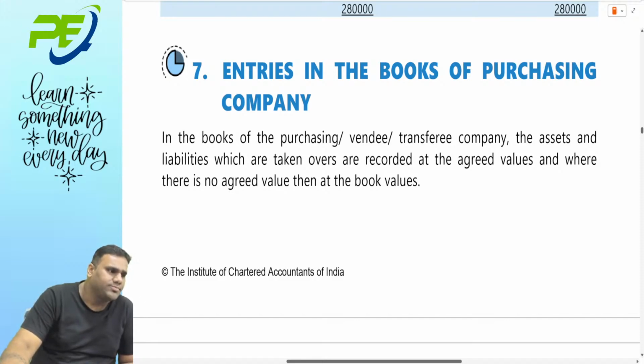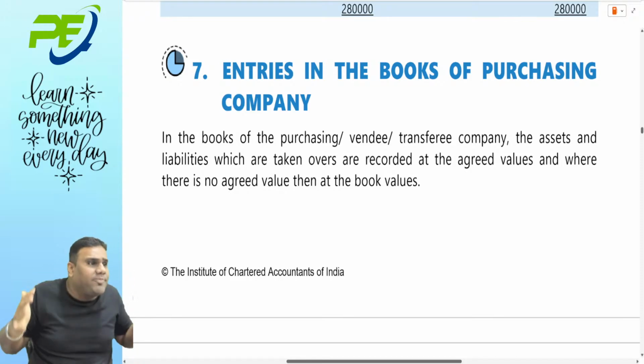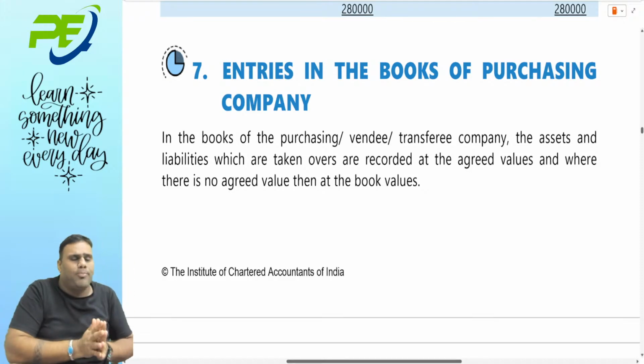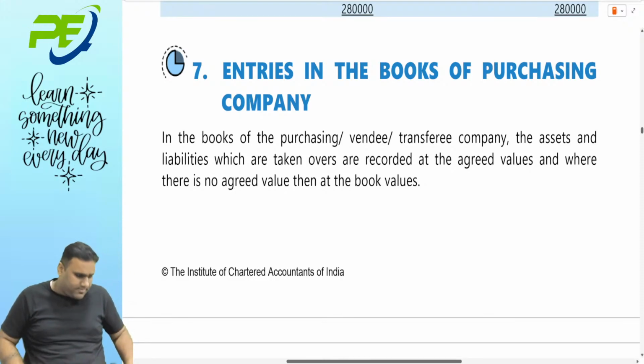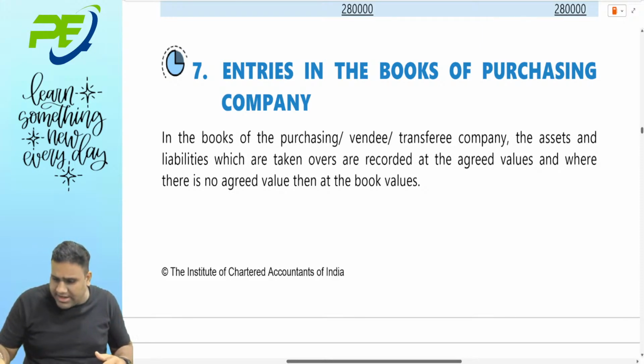Point number 2. Now, all the assets and liabilities the selling company has removed from their books. Now the purchasing company should record them in their books. So point number 2, incorporating assets and liabilities.